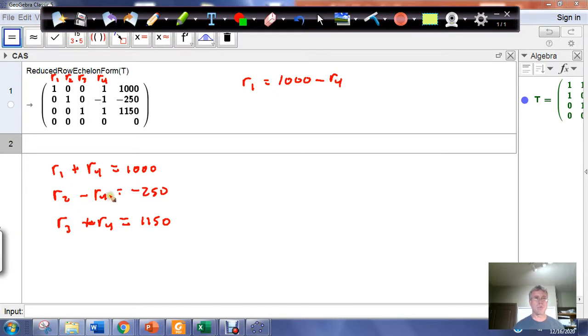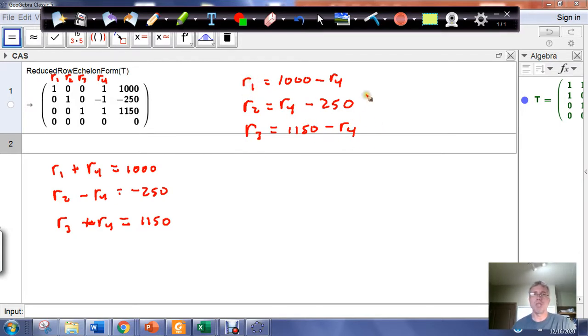Here, add road 4 to both sides is going to give us road 2 equals road 4 minus 250. And here, subtract road 4 from both sides, we get road 3 is equal to 1150 minus road 4.